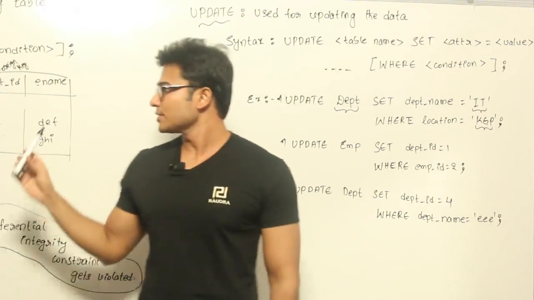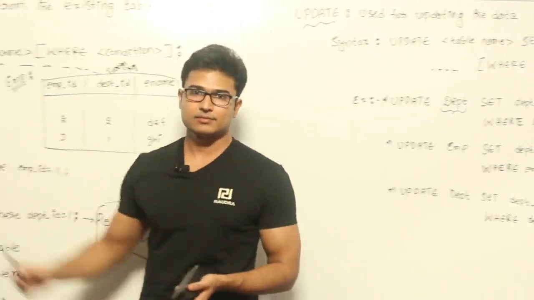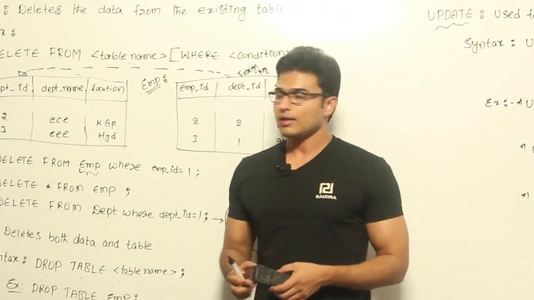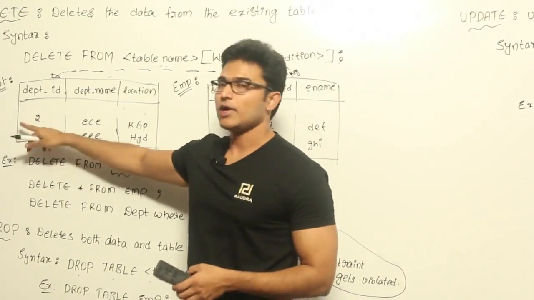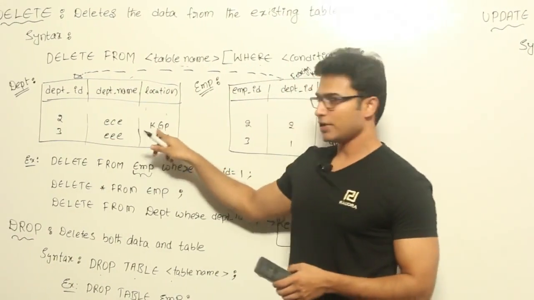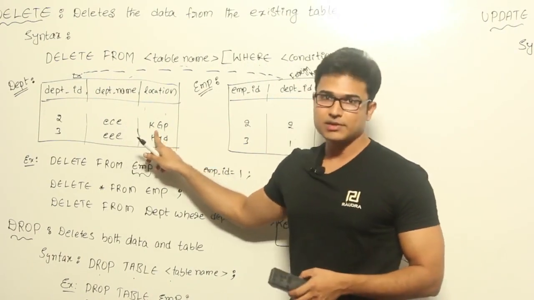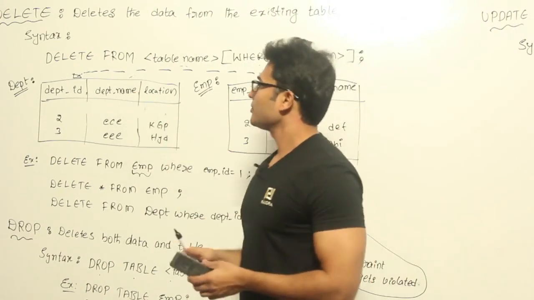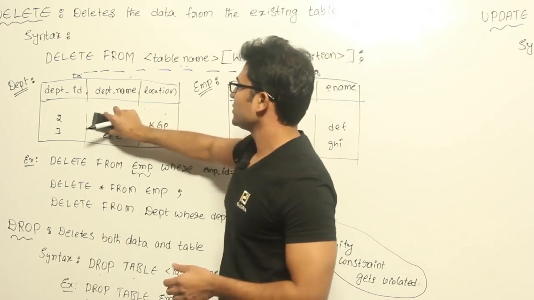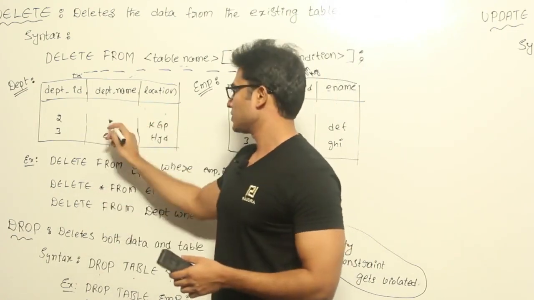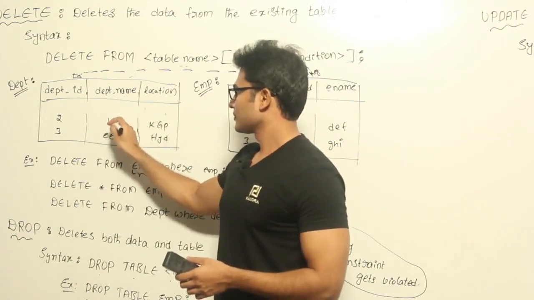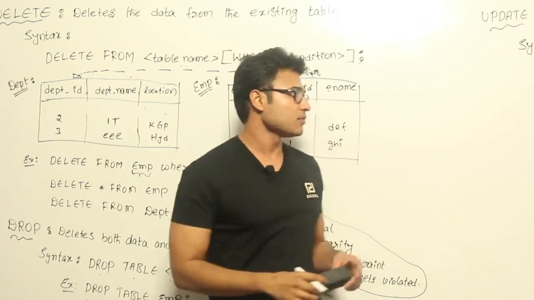Now in this table department, you have to go into the rows which have location as KGP. This is the row which has location as KGP, and here you have department name and you change it to IT. Earlier it was ECE, now I am changing it to IT. Got it?